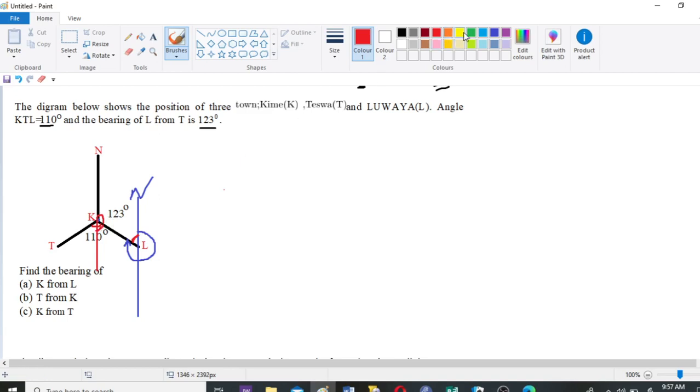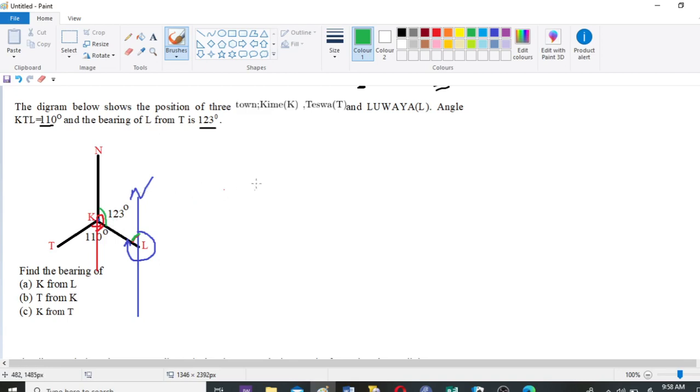Not only that, you also need to remember that this angle we are looking for and this angle which we've been given to be 123, when we add them, they add up to 180. They are supplementary angles. Hope you remember from the first class. So the summation of these two angles should be 180.